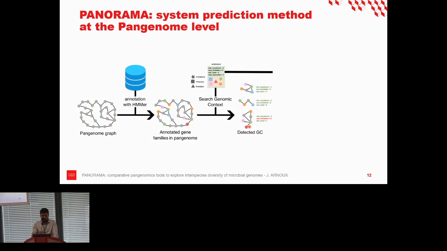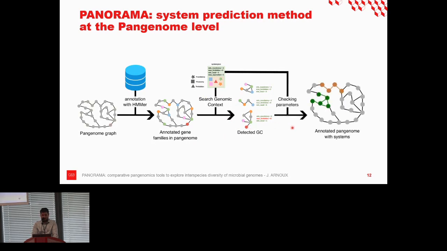We obtain different genomic contexts corresponding to the maximum separation parameter. And the last step is to check that all other parameters are validated, as for example, the minimum mandatory family or the maximum forbidden family. With all this information, we can say which system is inside our pangenome.